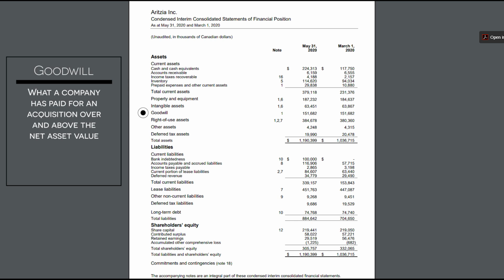Say Ford has a net asset value of around $5 per share and they're acquired for $8 per share. The amount in excess of their net asset value, $5 a share, with a purchase price of $8 a share, that is the goodwill. The company is willing to pay an extra $3 a share for essentially Ford's good name, their strong brand. So in terms of goodwill, you don't want too much of the total assets allocated to goodwill.